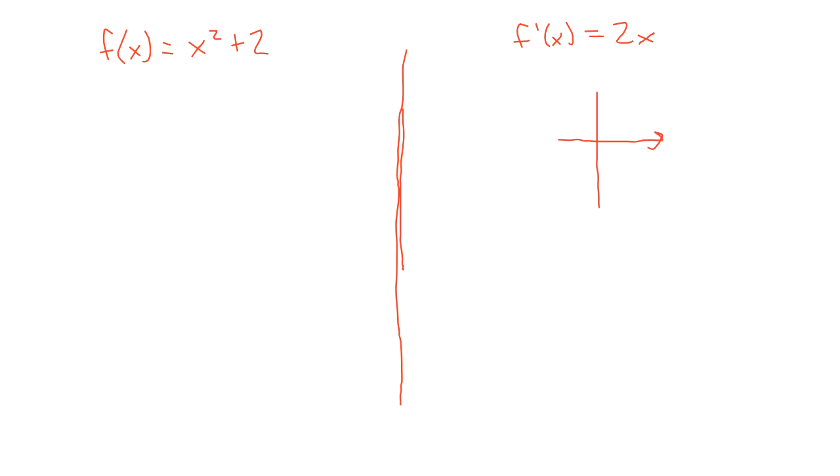Our f prime of x is just going to be a linear function, and our x squared plus 2 is a parabola. All right, so now our parabola is going to look something like this.